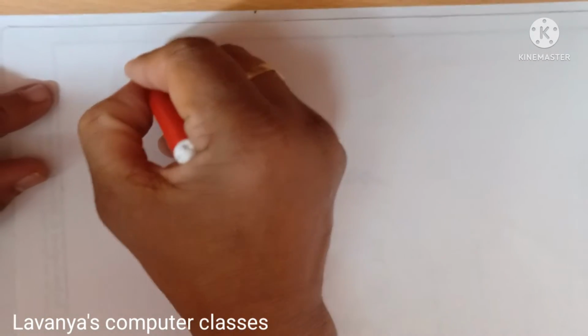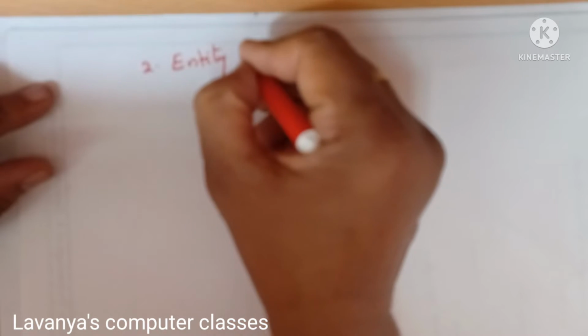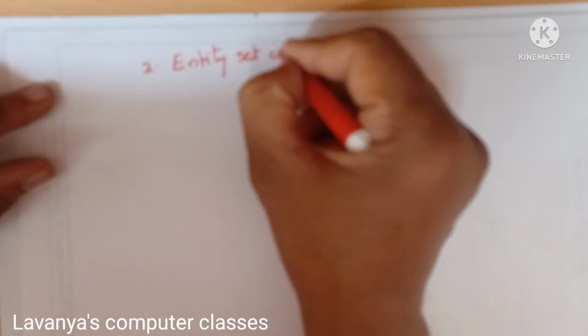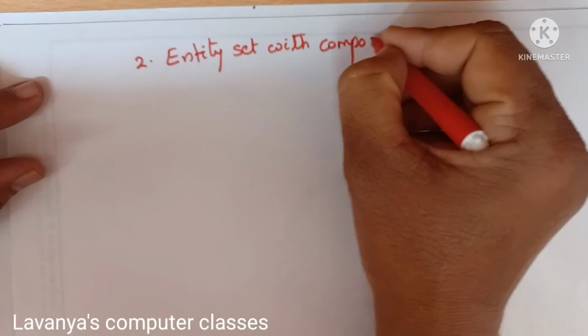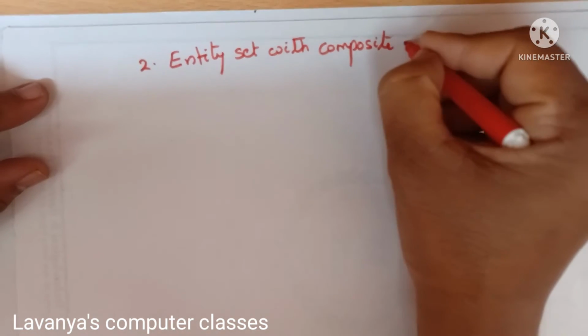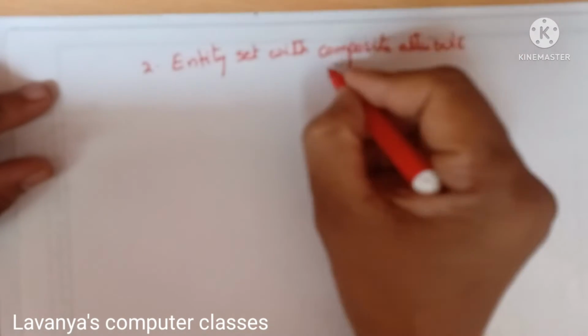Next, second example: how to convert an entity set with composite attributes. Any ER diagram may contain composite attributes.